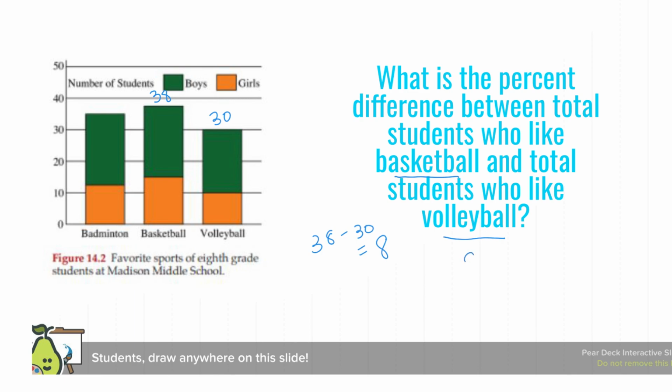And so we're going to take 8 of 38 to figure out what the percent difference is. So 8 divided by 38 comes out to be approximately 0.21. So that would be approximately 21%.